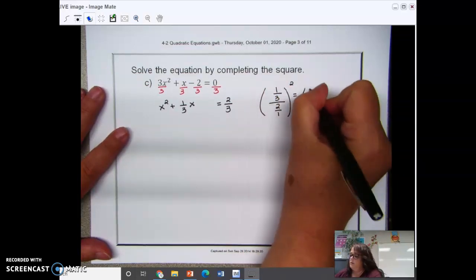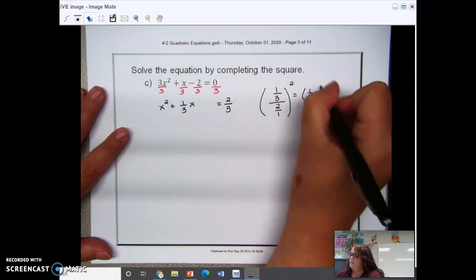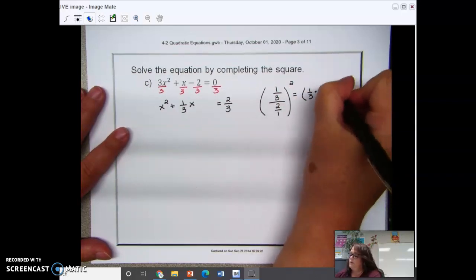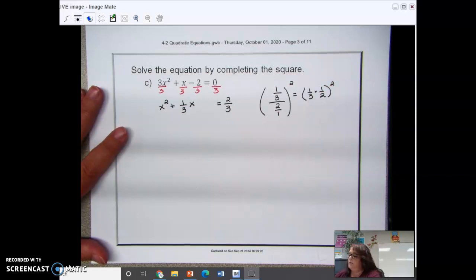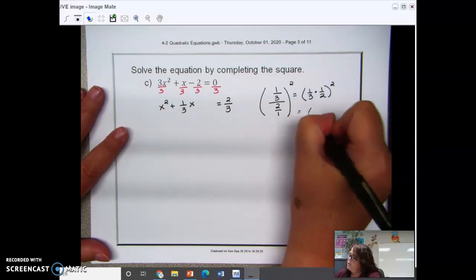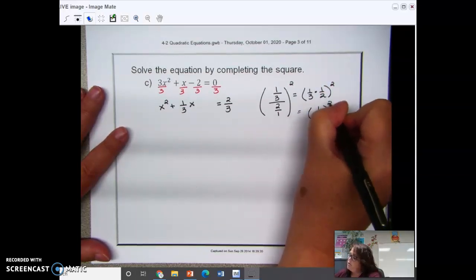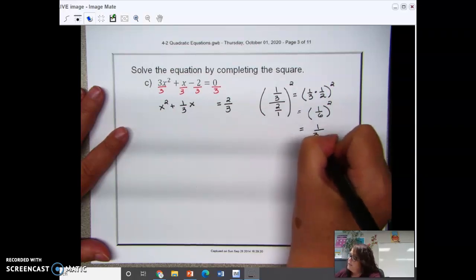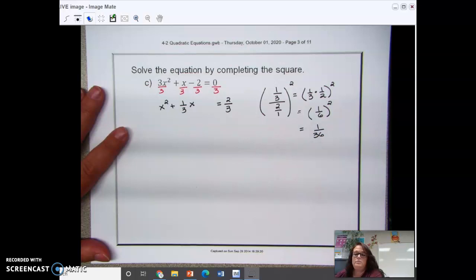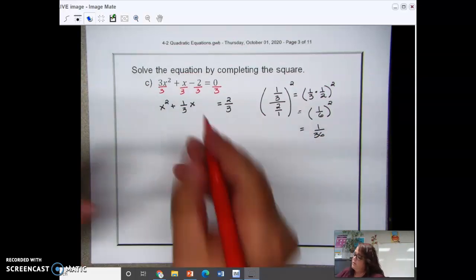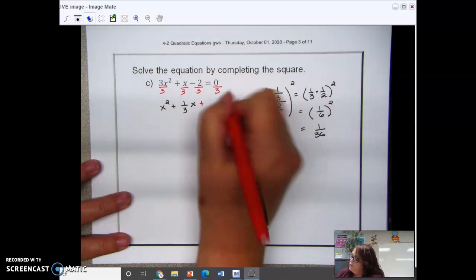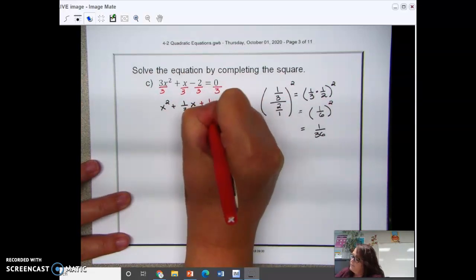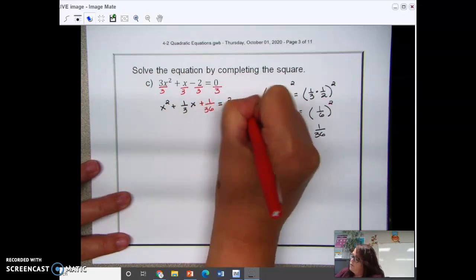So do you see that it's really 1/3 times the reciprocal, which is 1/2, meaning putting something over 2 is the same as multiplying by a half. So this is going to be 1 over 6 squared. And so that gives me 1 over 36 because 1 squared is 1 and 6 squared is 36. So I'm going to add 1 over 36 here. And I'm going to add 1 over 36 here.